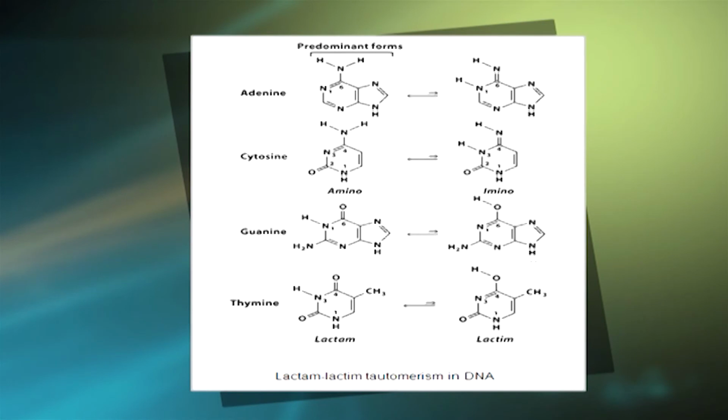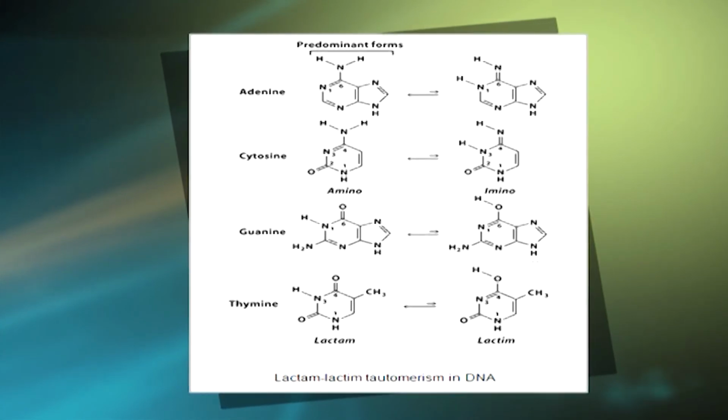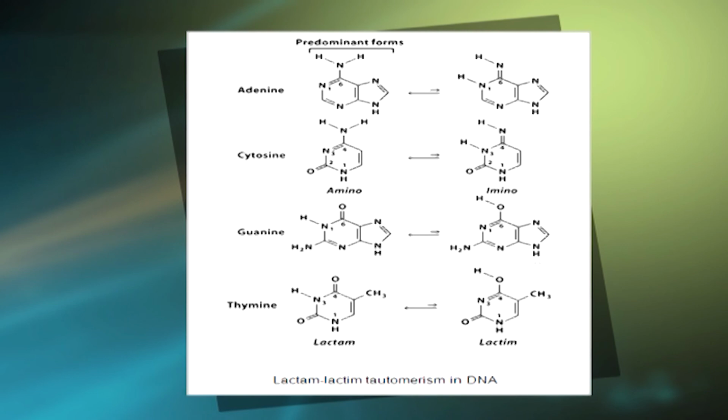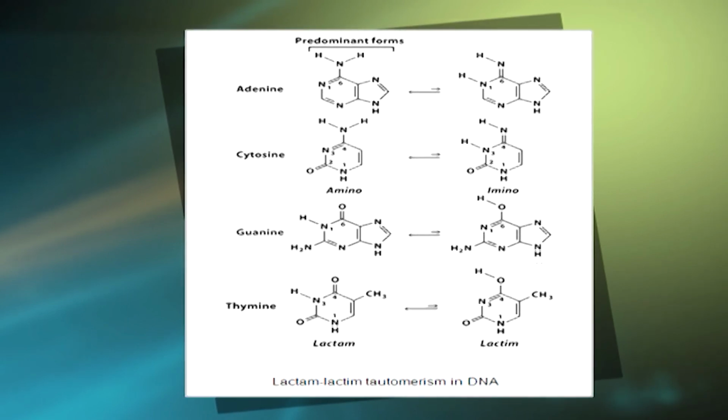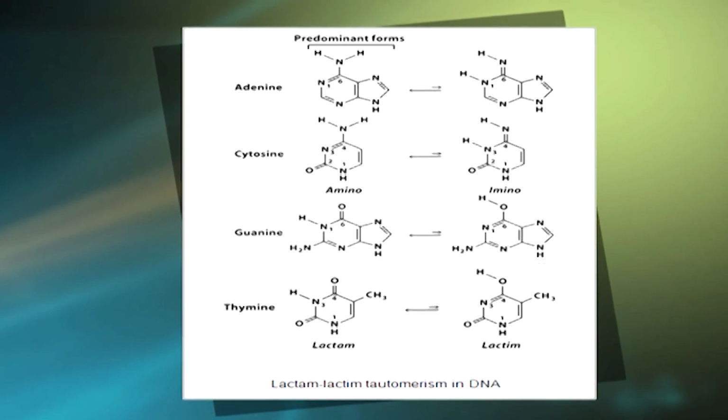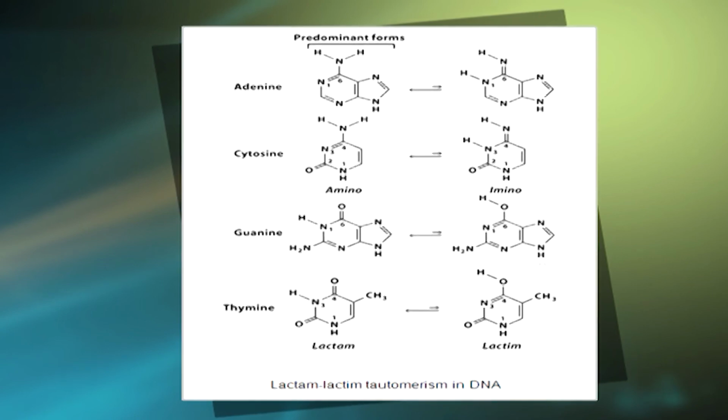The 4 bases of DNA can exist in at least 2 tautomeric forms as shown in the figure. Adenine and cytosine, which are cyclic amidines, can exist in either amino or imino forms, and guanine, thymine and uracil, which are cyclic amides, can exist in either lactam or lactim forms.